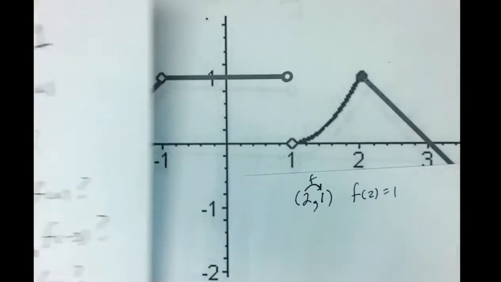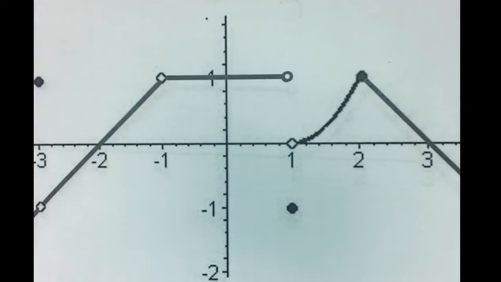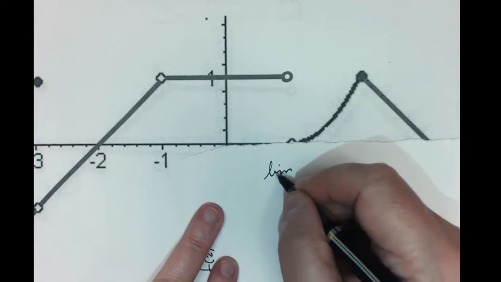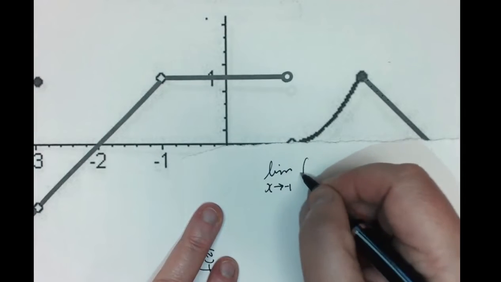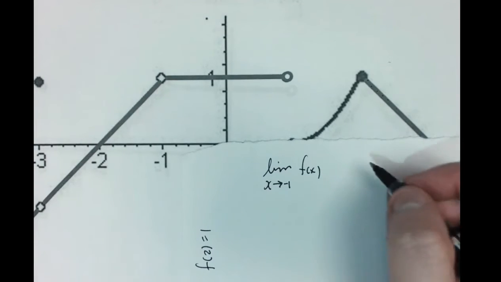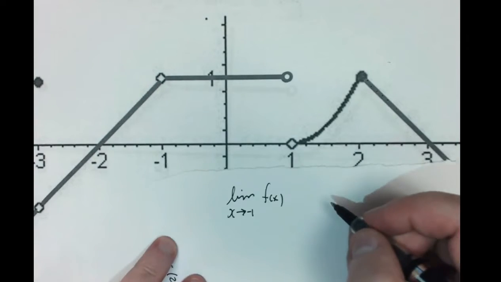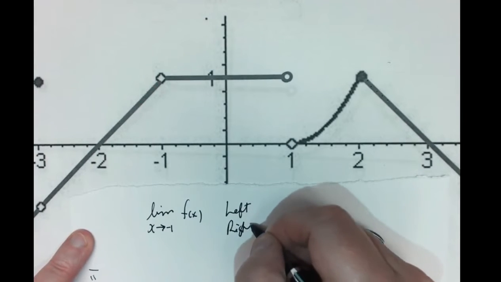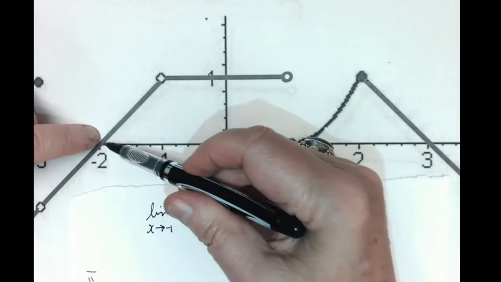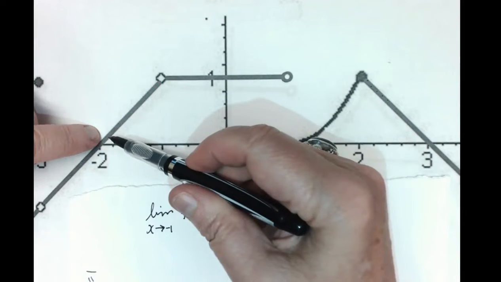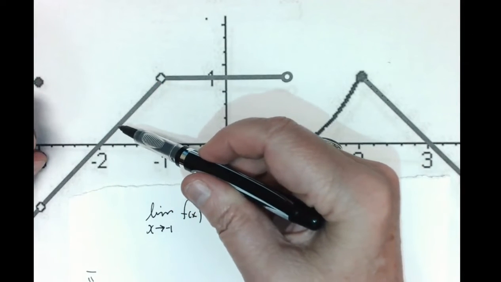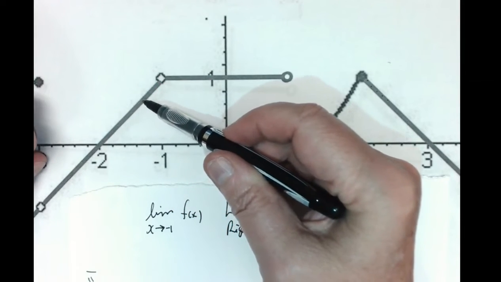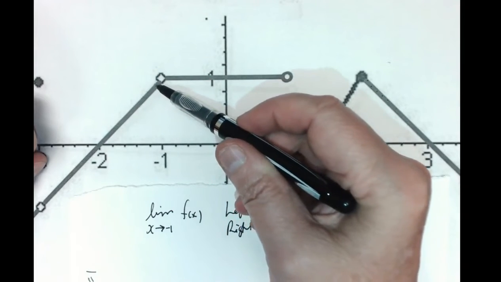Okay, now let's look at this next one. What's the limit as x approaches -1 of f of x? Well, we need to see what the left limit and the right limit are going to be. So as I'm approaching -1 from the left, and the x coordinates are getting closer to -1, what are the y coordinates getting closer to?